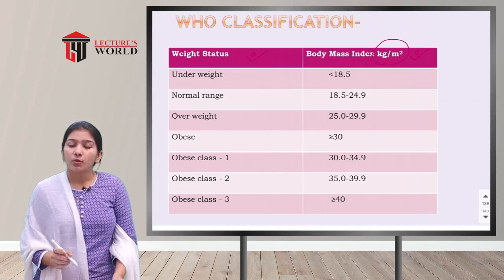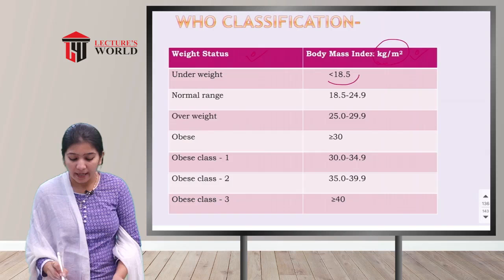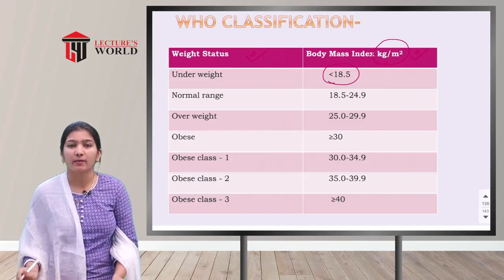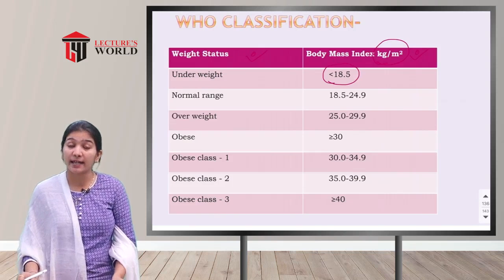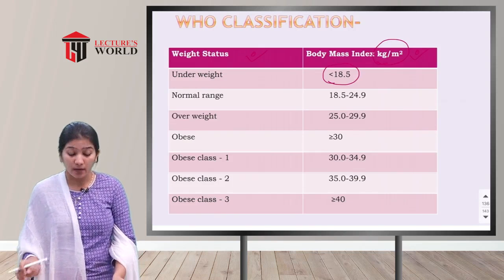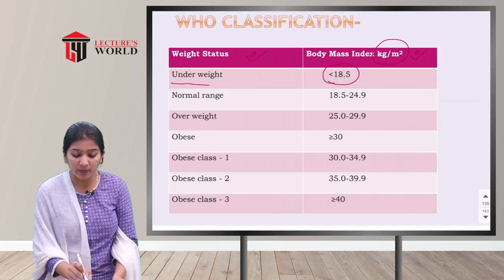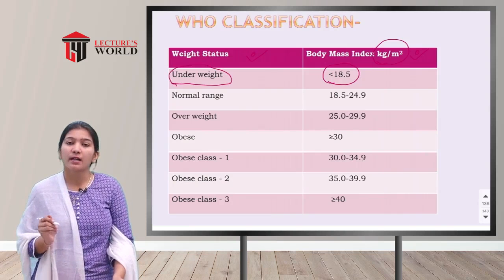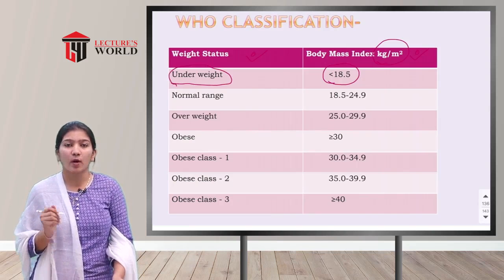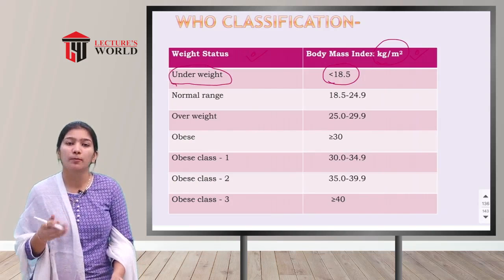If you are counting your BMI and it is coming less than 18.5, that is termed as underweight. So if your BMI is less than 18.5, you are underweight and you need to put on some body weight.